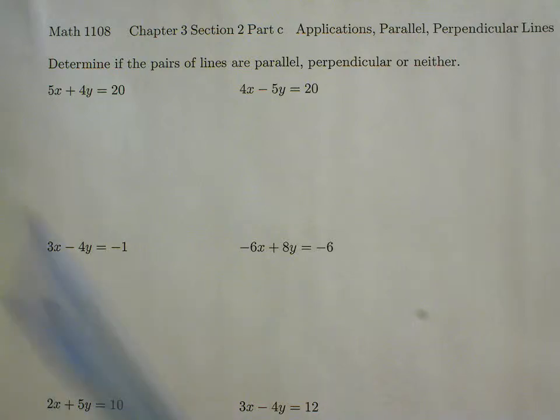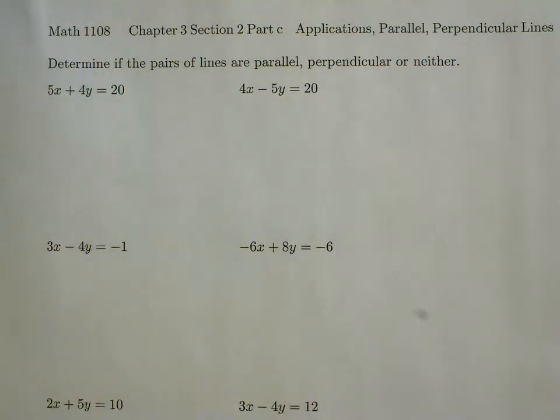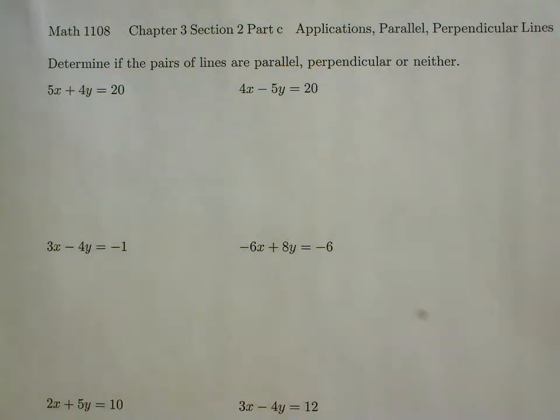So this is our first pair of lines, 5x plus 4y equals 20, and 4x minus 5y equals 20. So how should we go about determining if the lines are parallel, perpendicular, or neither?